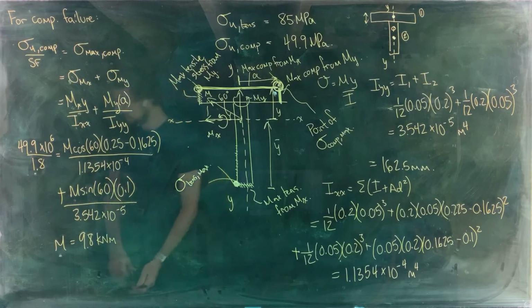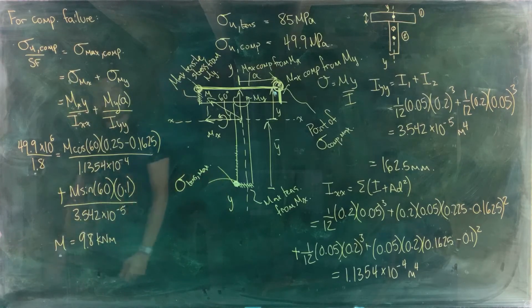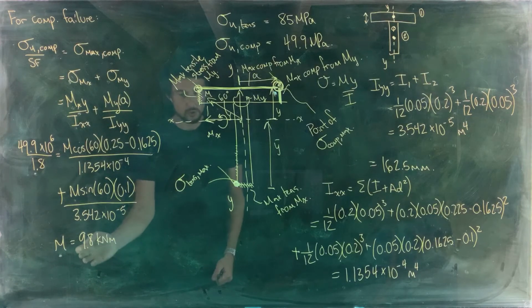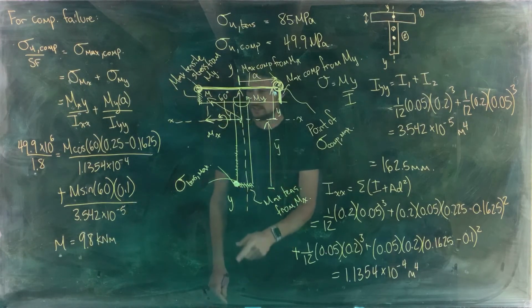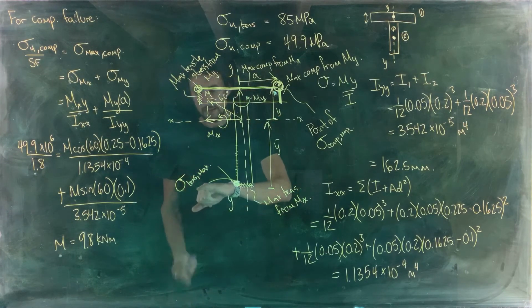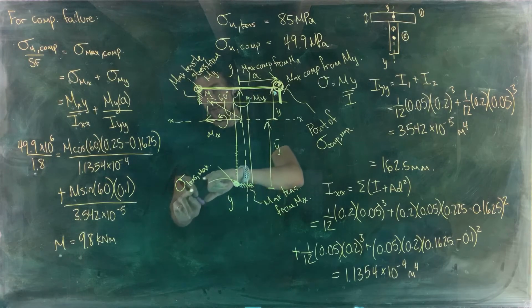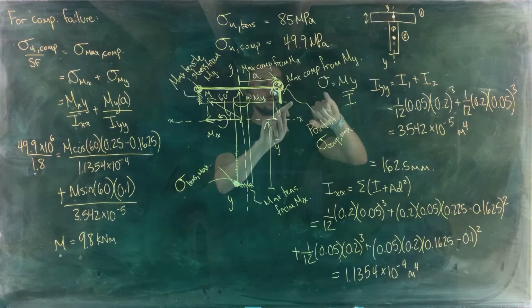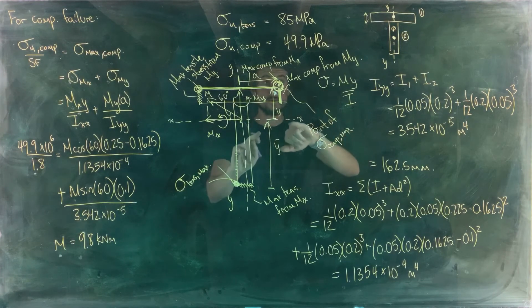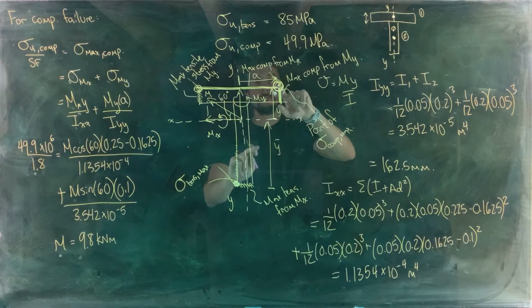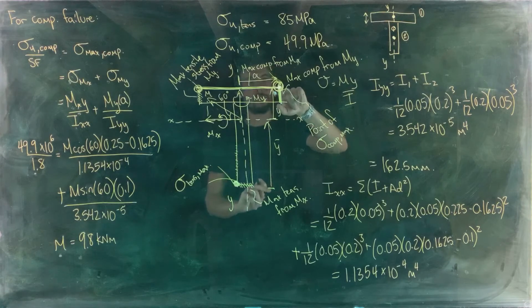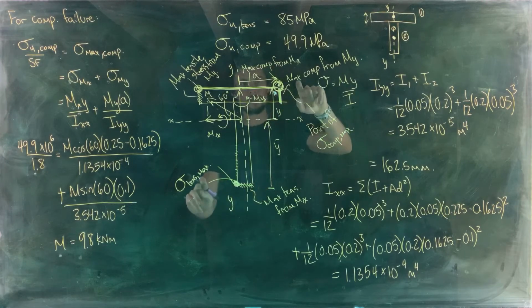Okay, right. But we're not quite done, right? Because as I said, the maximum tensile stress is not going to be equal to the magnitude of the maximum compressive stress, and the strengths are different.